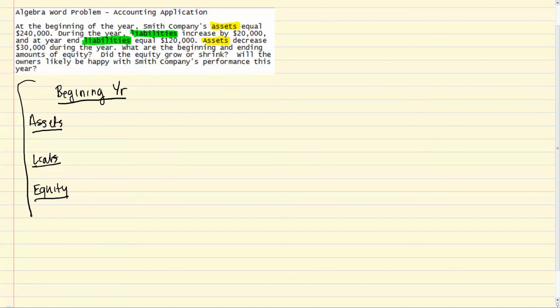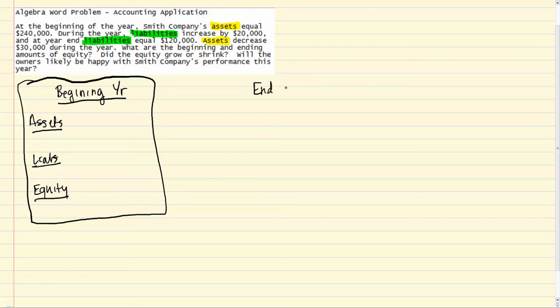We're going to show that that is our balance sheet. And then we're going to do the same thing over here, end of year, and we've got our assets, liabilities, and equity.